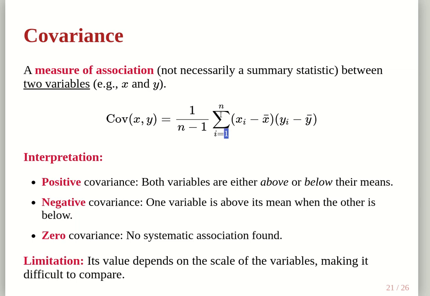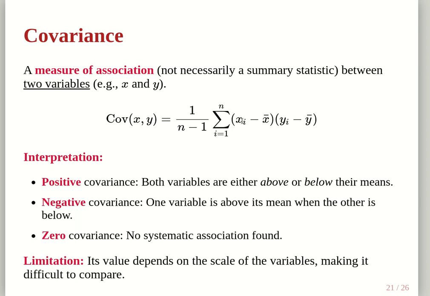So here we have the index, so i = 1 is going to be the first subject, for example, so xi is going to be the measure for variable x, whatever it might be, that I have for subject 1, and then yi is going to be the observation that I have for variable y for the same person. So I'm trying to see whether across my observations there is a pattern or a relationship between these two variables.